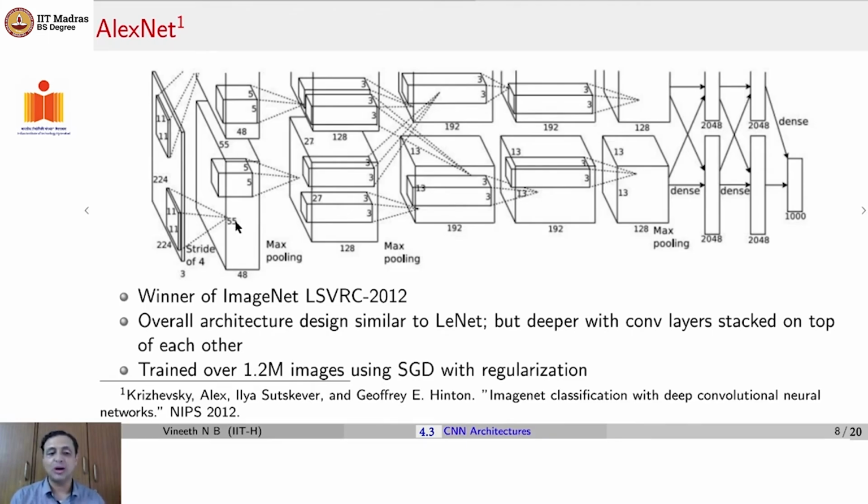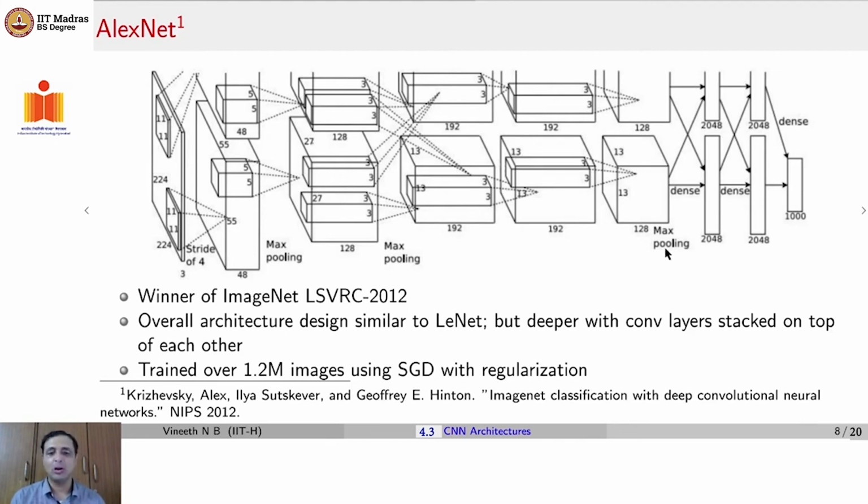This led to a 55 cross 55 cross 96 output, since totally 96 filters were chosen, of which 48 filters went to one of the processing units and the remaining 55 cross 55 cross 48 went to another processing unit. We'll try to describe this in more detail over the next few slides.